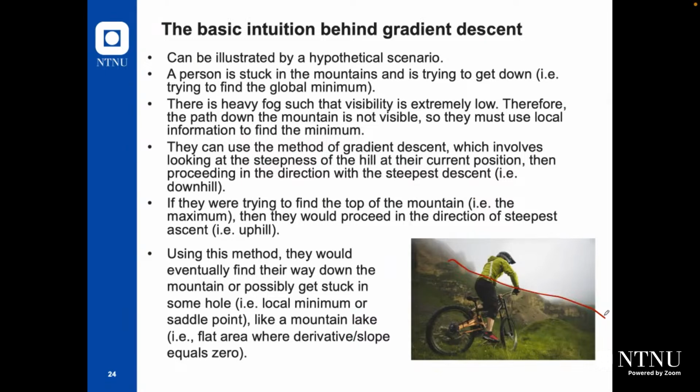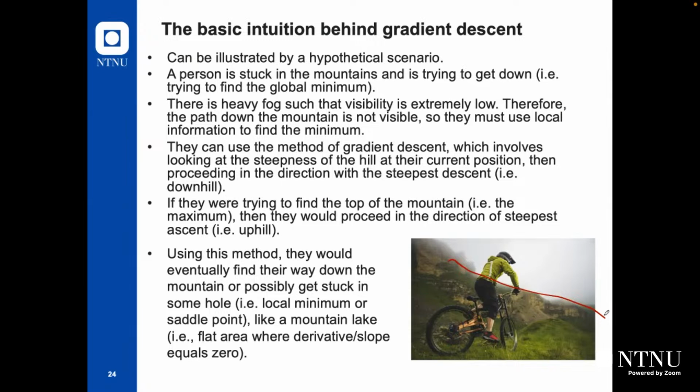You can see very little because of heavy fog, so the visibility is extremely low. So he tries to find a path where he can go down the mountain by using local information to find the minimum. He will just look around, and he tries to find a path which will lead him down the mountain.